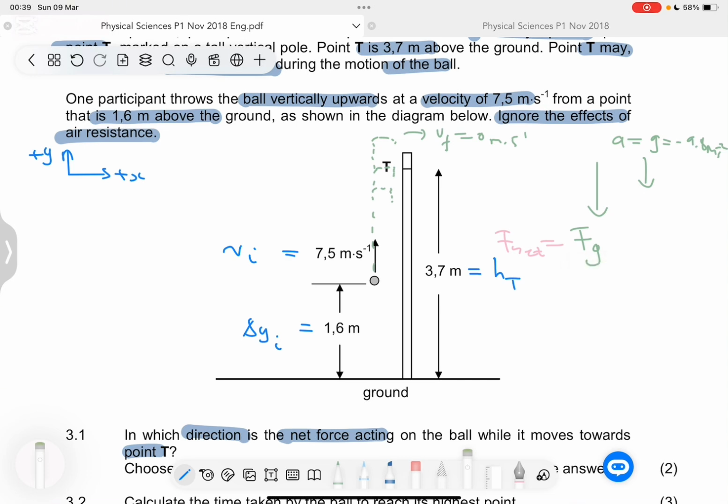I remember when I explained this topic in our first lesson, I said to imagine that it's you running in this direction with some velocity v, and there is someone pulling you with a force in the opposite direction, and this is the only force acting on you.